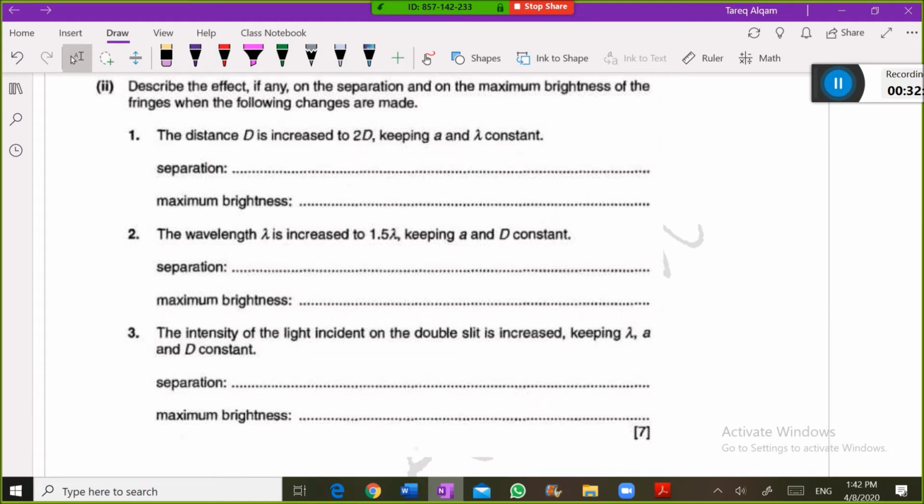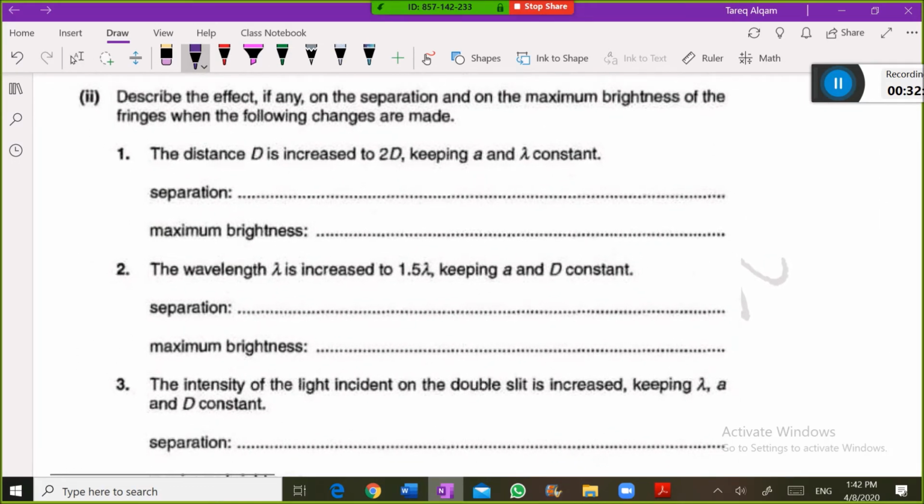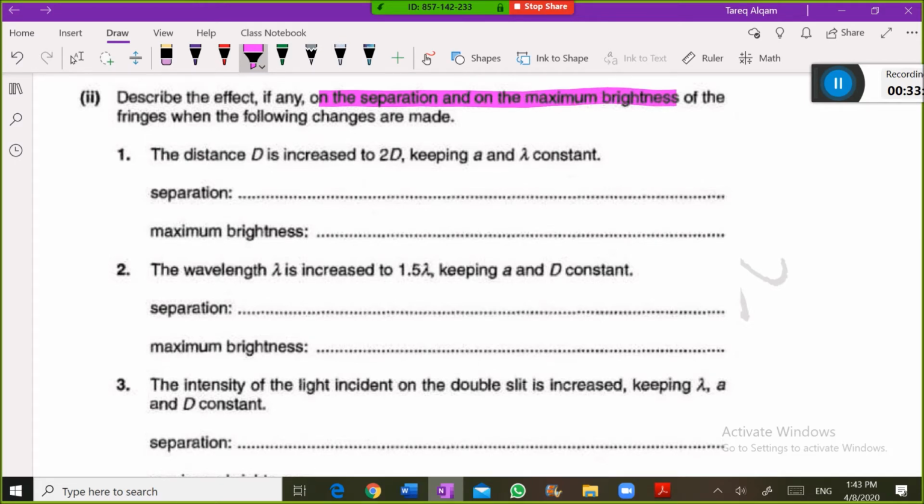Here we want to describe the effect, if any, on the separation and on the maximum brightness of the fringes when the following changes are made. We are asked about the separation between the fringes and the maximum brightness.